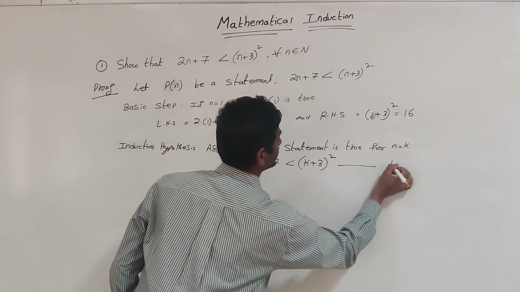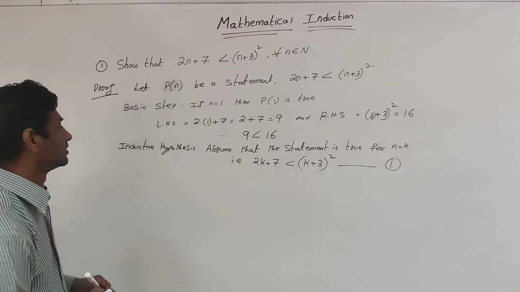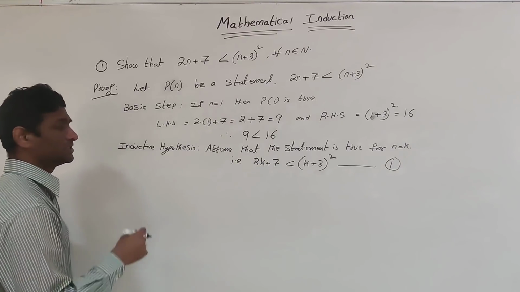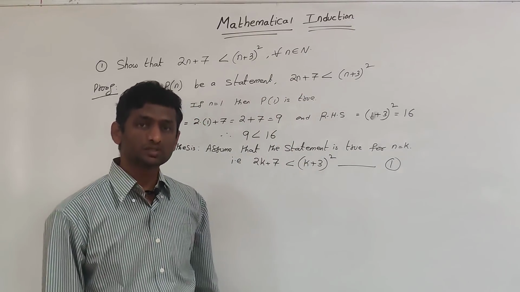So that is our equation 1, where k is also a natural number. Based on the inductive hypothesis, now we have to show this inequality is true for k plus 1.